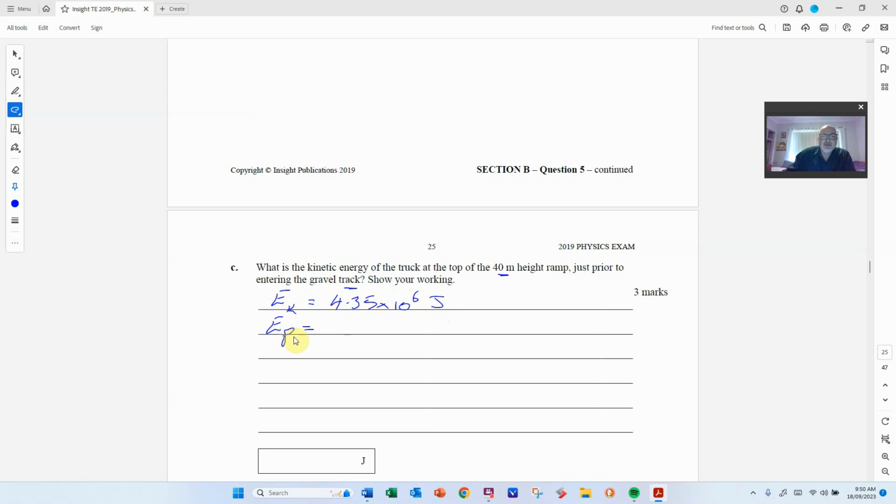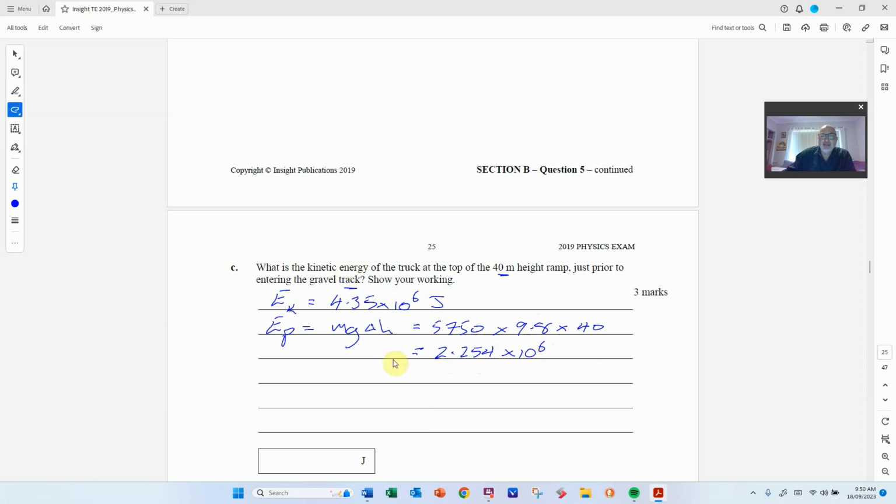So EP, gravitational potential, is mg delta H. So that's going to be 5,750, because that's the mass, times by 9.8, times by 40, because it's a 40-metre rise. So some of that kinetic energy is going to be converted to gravitational potential, which is 2.254 by 10 to the power of 6.